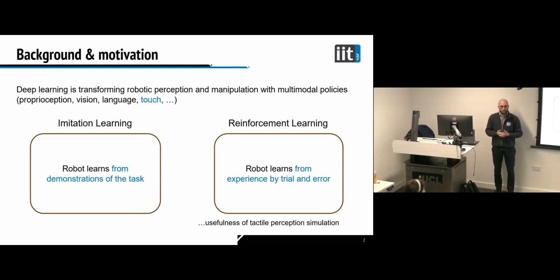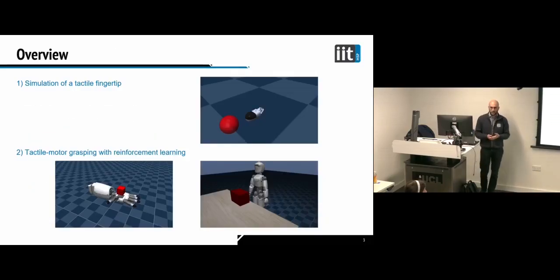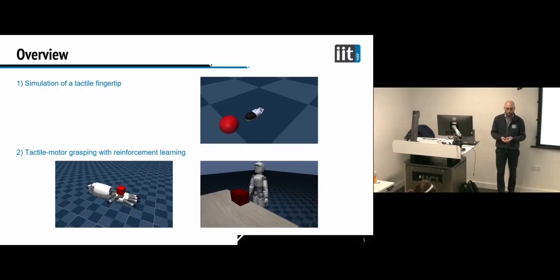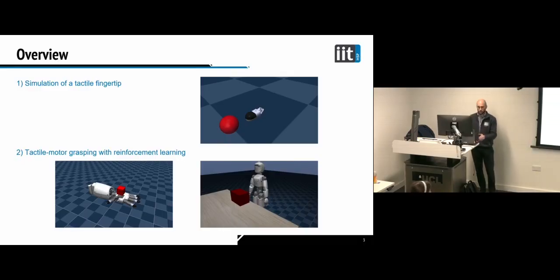In this setting specifically, it's important to simulate your tactile sensors. And in fact, in this talk, first we will see how to simulate a tactile fingertip of the ergoCub, and then how to use it to learn grasping policies in simulation with reinforcement learning.